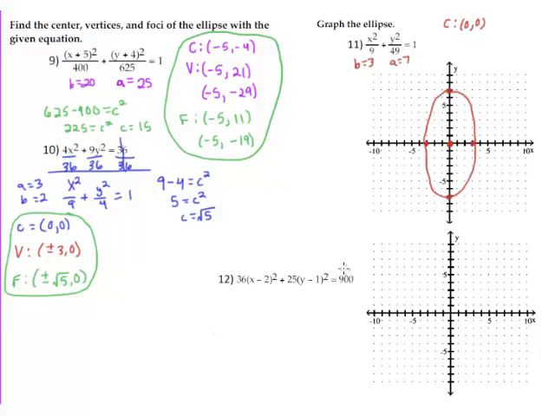Then on this next one, it's not in standard form, so we've got to divide everything by 900. And 36 over 900 simplifies to 25, I think.